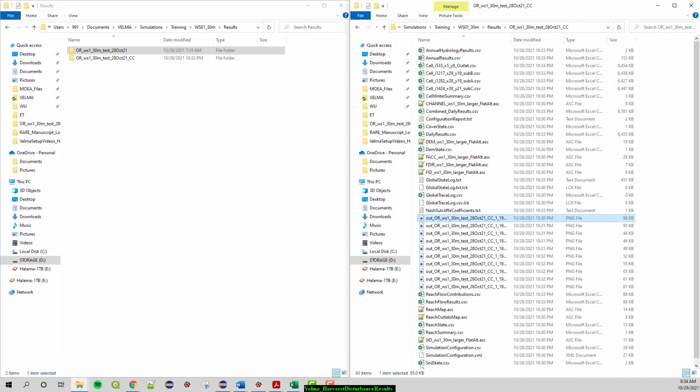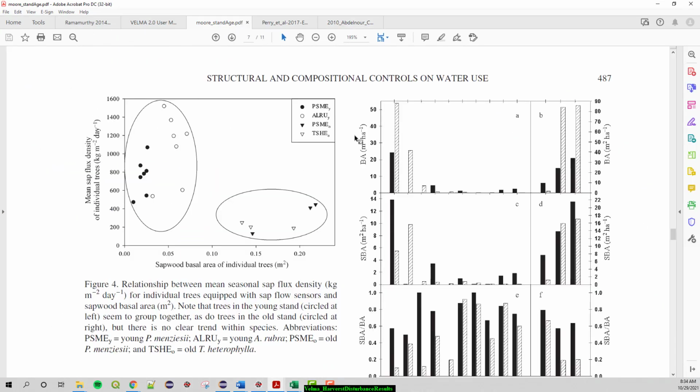And so going to look at a few of the papers, this paper by Moore et al. focuses in on the sap flow flux within individual trees. And looking over this whole paper for VELMA, I just want to focus in on this one table here as sort of like the punchline, I guess.